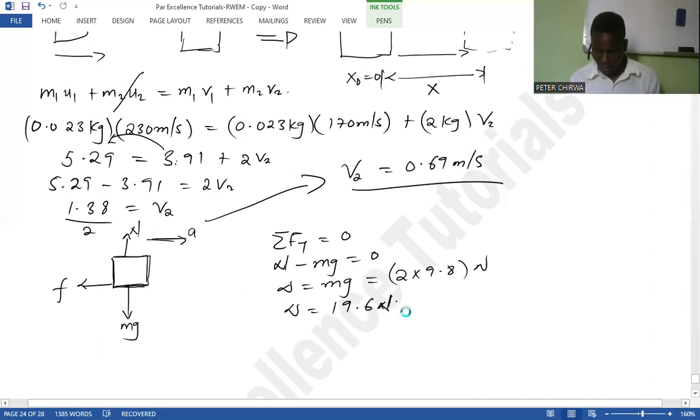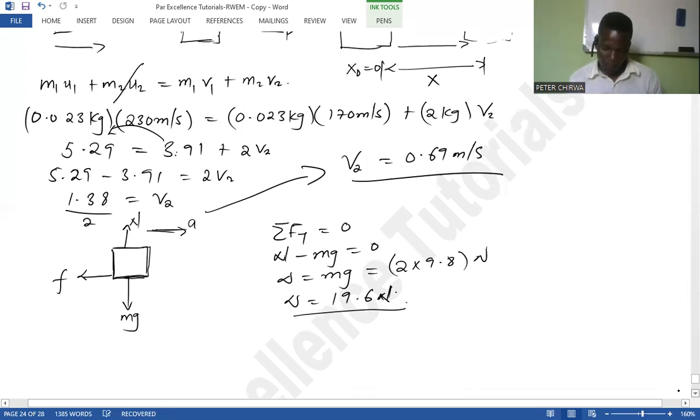So we have the normal force as 19.6 Newton. And then what else do we have? We also have motion in x, which is ma. Now, what are the forces in x? We only have the friction force being equal to ma.